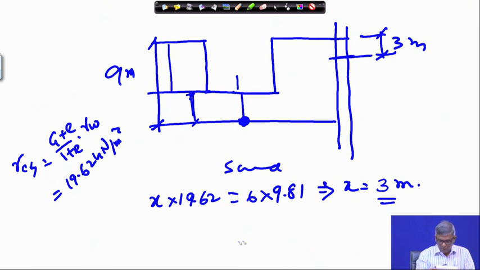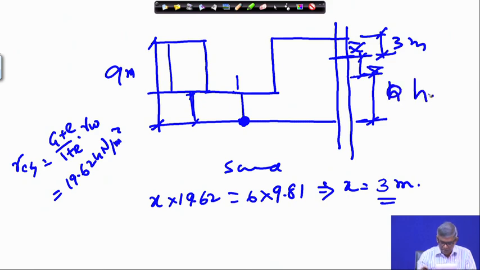The second problem was that if you want to go up to a depth of 7 meter, how much should the water table be lowered? So, I am considering the water table lowered by some depth. Suppose finally I have to bring the water table to here. This depth I consider as h.